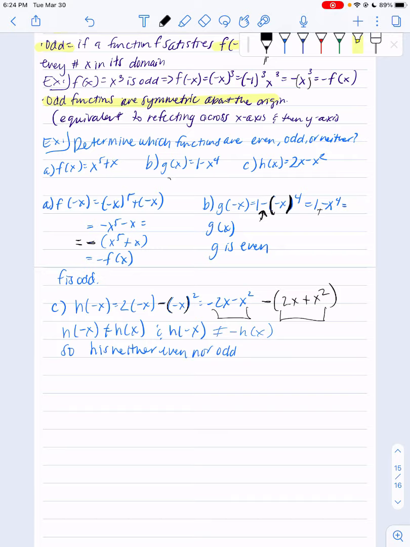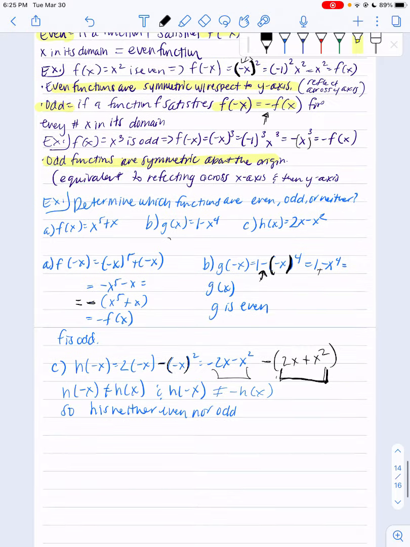So I can see that h of negative x isn't equal to h of x, because that isn't 2x minus x squared. And h of negative x is also not equal to negative h of x, because this inside here, that's not h of x. That's not 2x minus x squared. So I have that h is neither even nor odd.